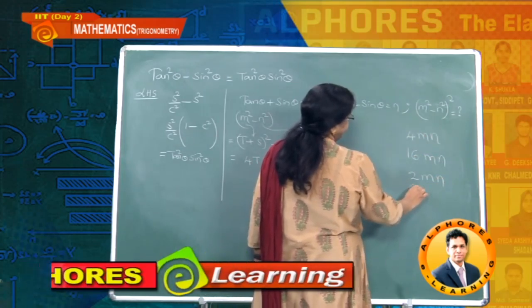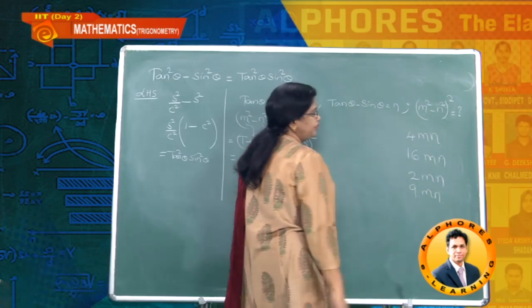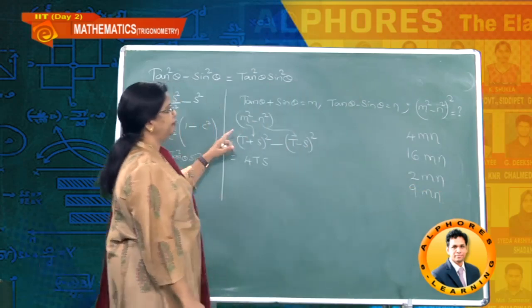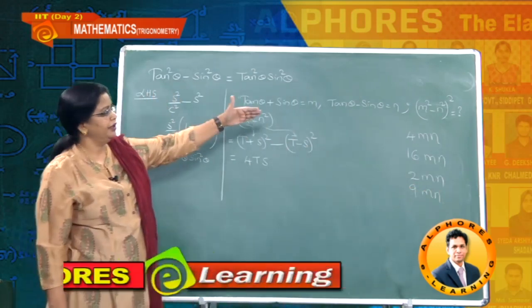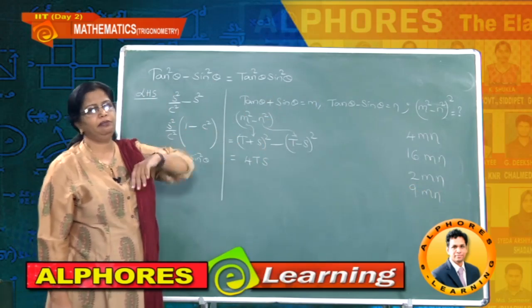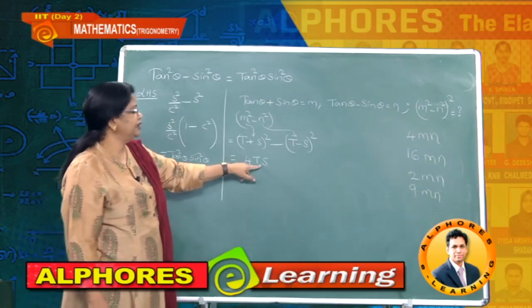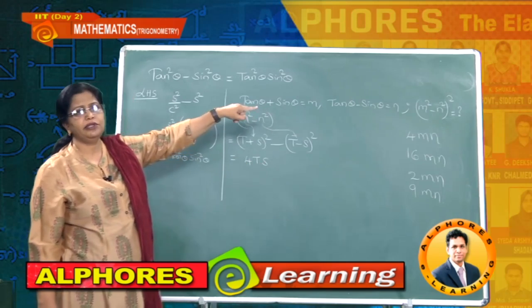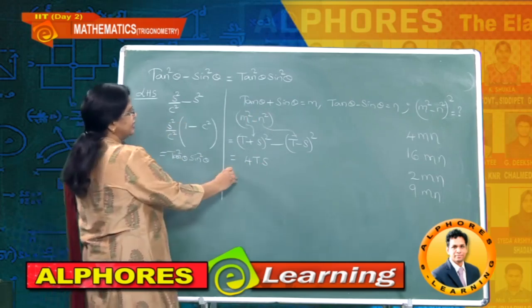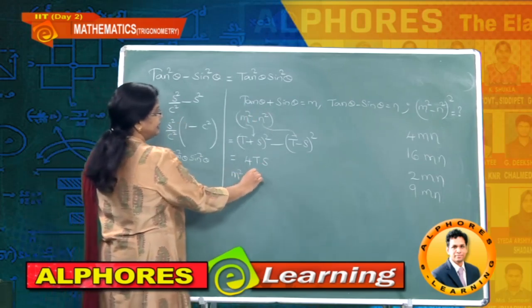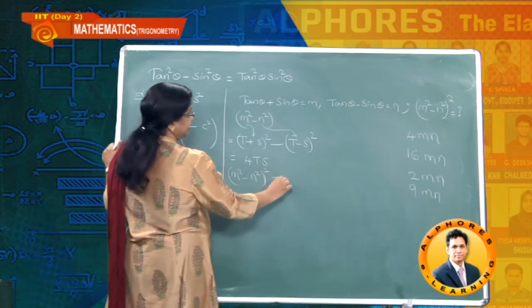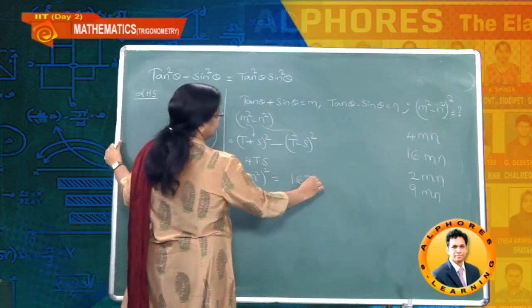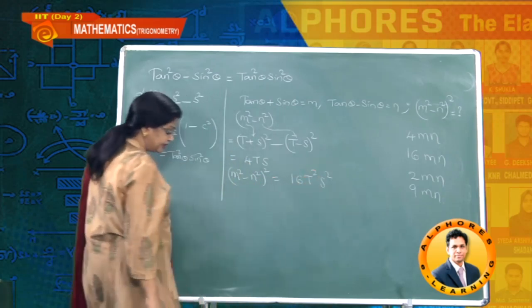Once options are given in this way, you should go in a careful way. That means your answer must be in terms of the product of m and n. Now I got this value, but we require the whole square. So I start: (m square minus n square) whole square equals 16 times tan square into sin square.